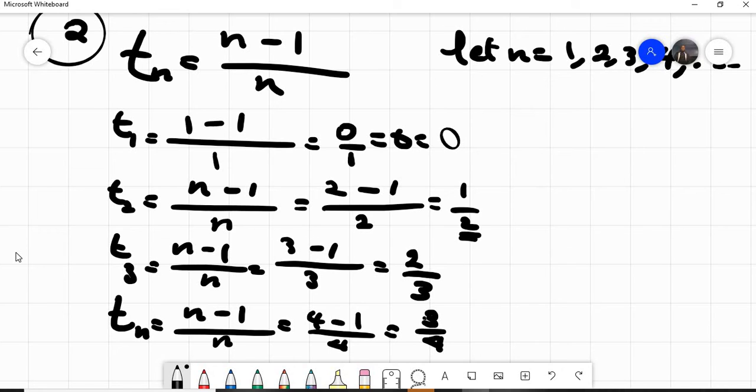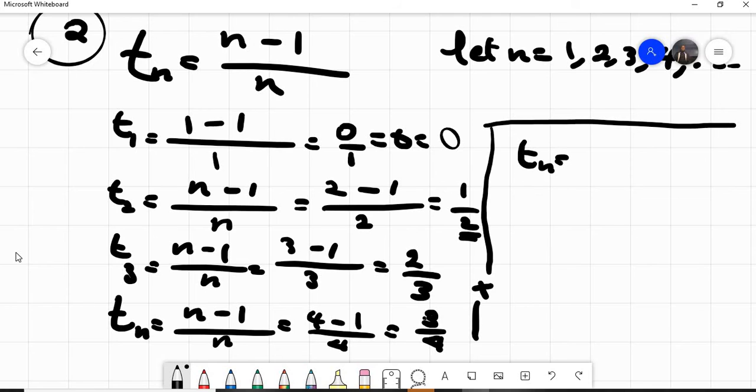So okay, let's write the terms. Tn equals n minus 1 over n. The first term we got is 0.